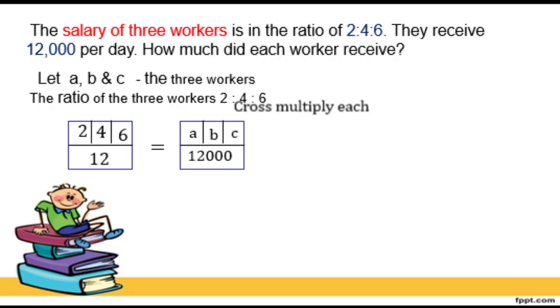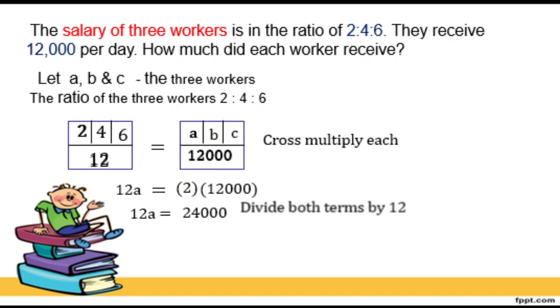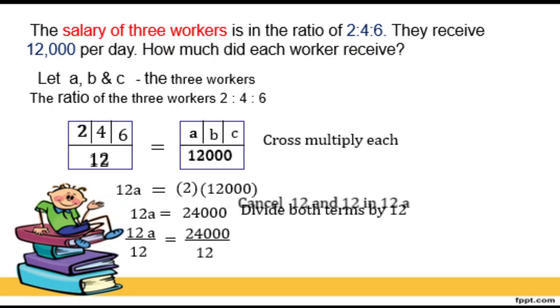And then cross multiply each. So you have 12 times A is equal to 12A is equal to 2 times 12,000, rewrite. So 12A is equal to 24,000. Then divide each term. So 24,000 divided by 12 is equal to 2,000.